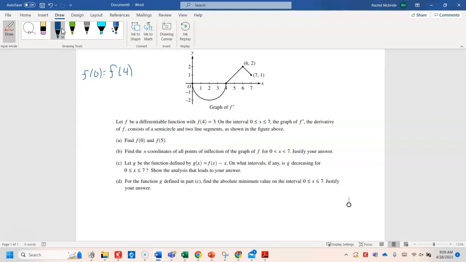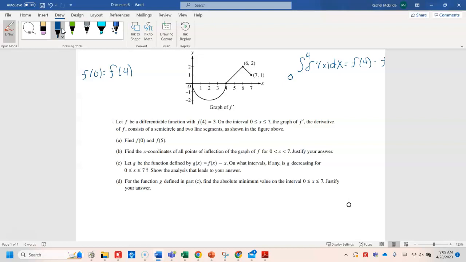So you're taking that idea in the case of this problem, and this is like saying, okay, I'm going from 0 to 4 of f prime of x dx, which is equal to f of 4 minus f of 0. That's that problem we just set up, but in the table.